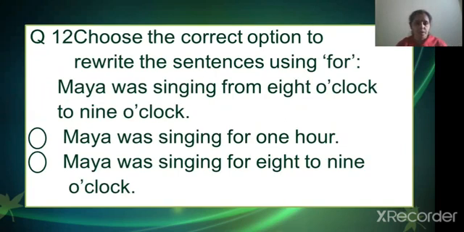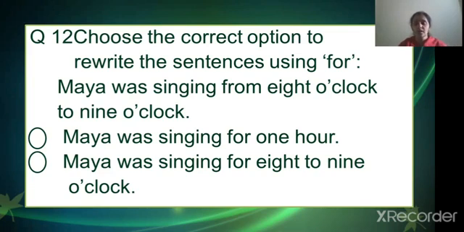Choose the correct option to rewrite the sentences using for. Maya was singing from 8 o'clock to 9 o'clock. Now, I have to change the sentence and use for and rewrite the sentence.